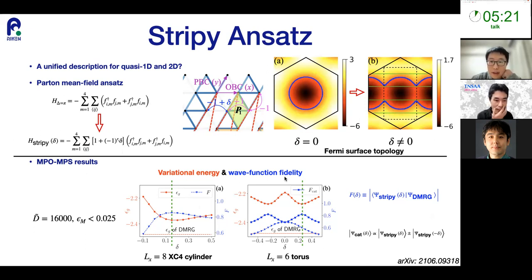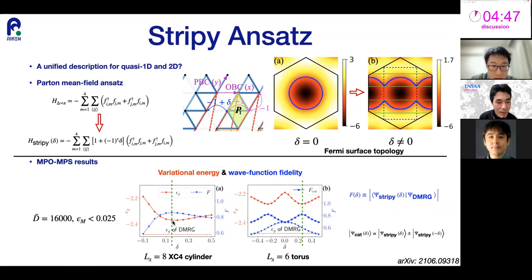Did you compare the variational energy of this ansatz wave function with DMRG? Yes, you can see that this dashed red line shows the energy from DMRG, and this curve shows the energy from the parton ansatz.